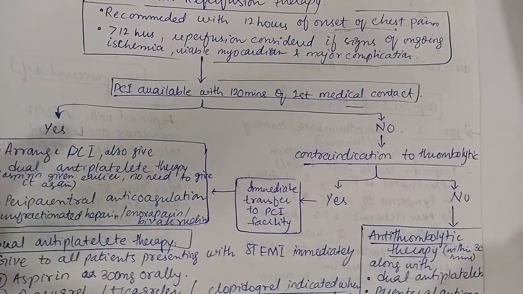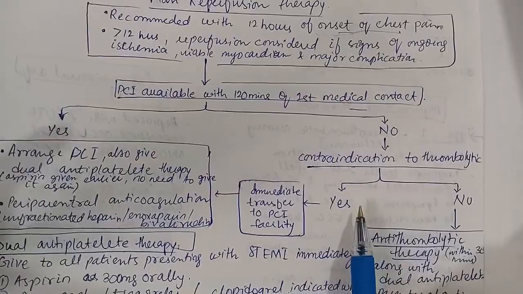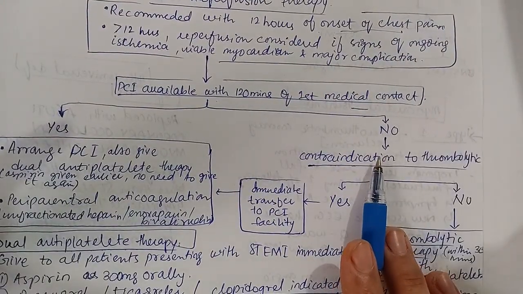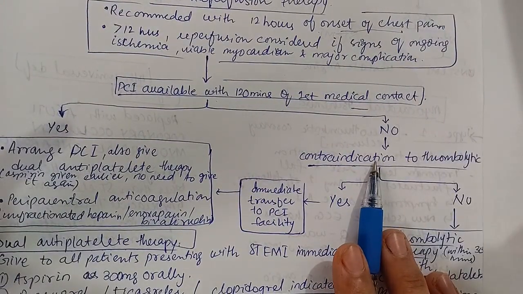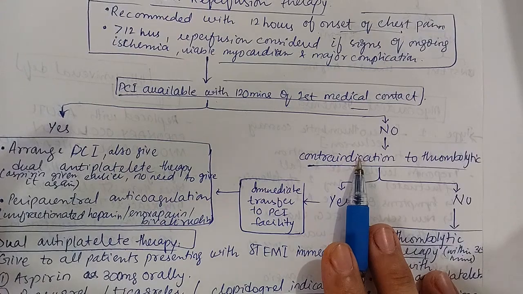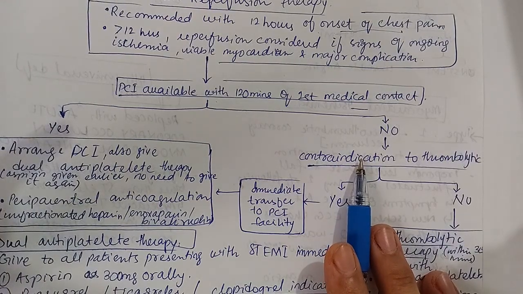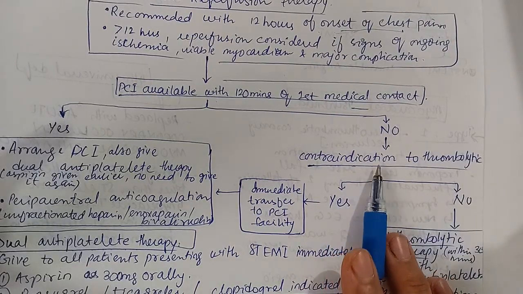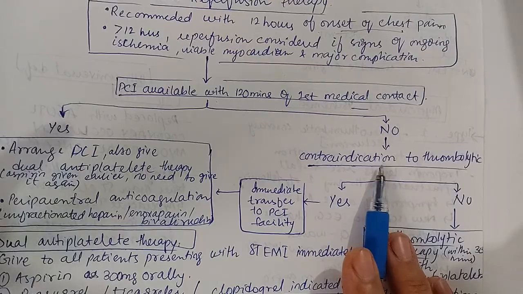Now we have to see if the PCI is not available within 120 minutes of the first medical contact. Say the PCI is not available in your facility, or the hospital that has the facility is far away, and it cannot be reached within 120 minutes. So you have to start the thrombolysis.